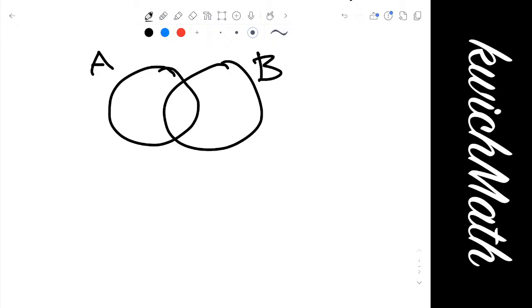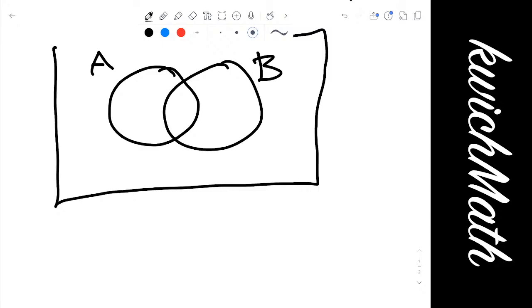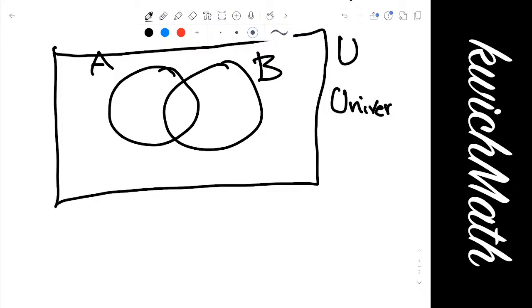Also, very often, not always, but very often, we'll assume that A and B are in fact lying within a set, often called U, because it's a universal set. You can think of it as a universe if you like. So this is kind of everything we want to consider.